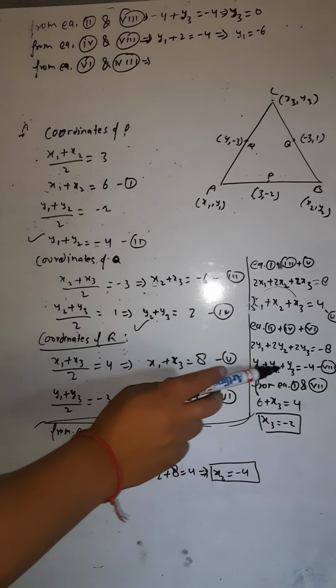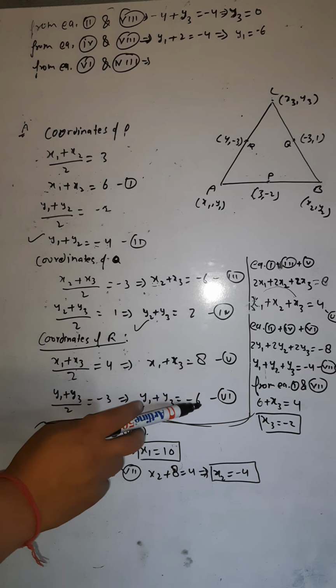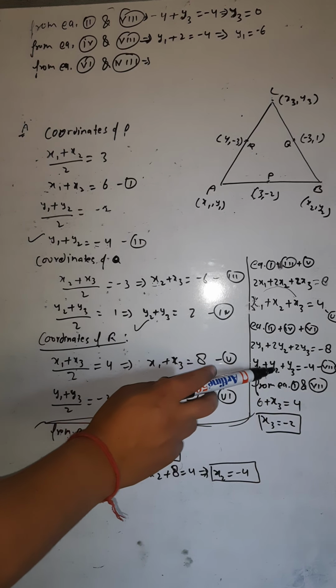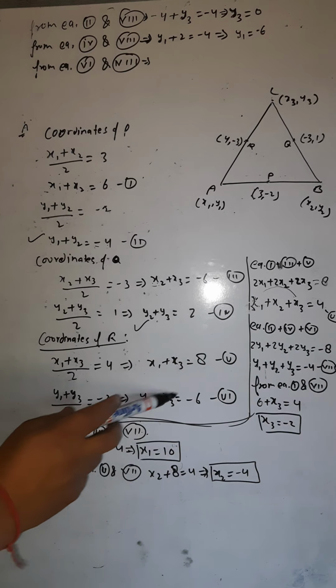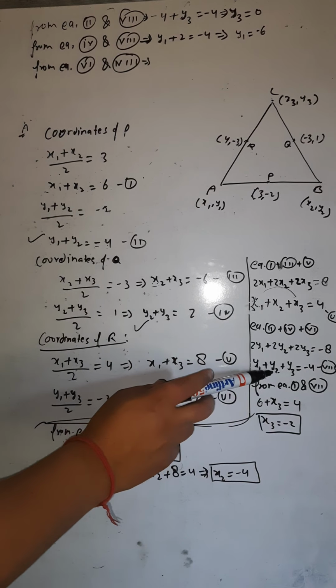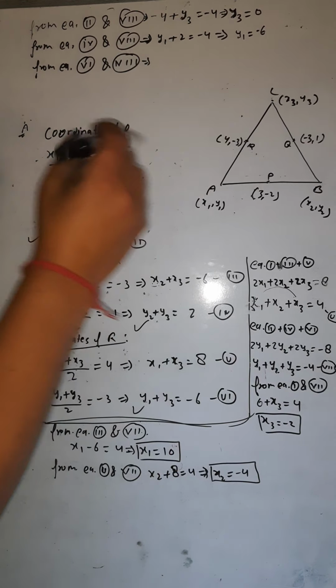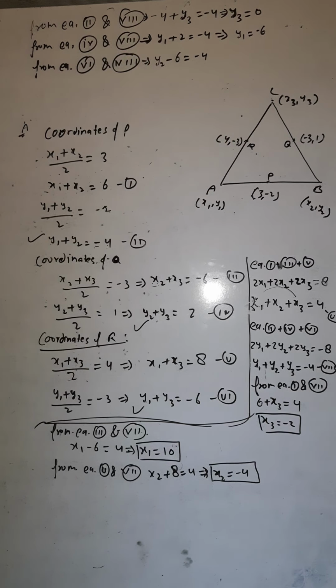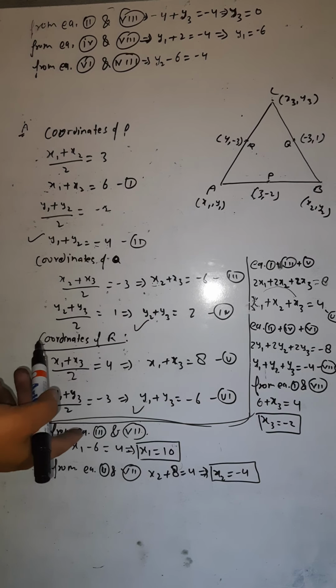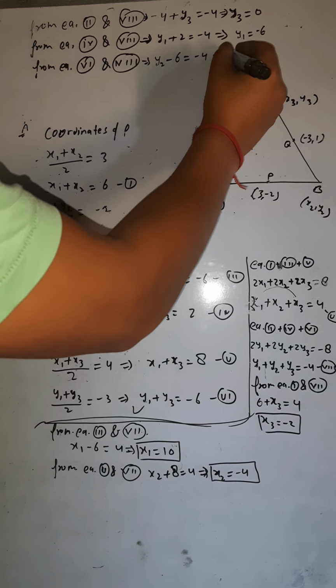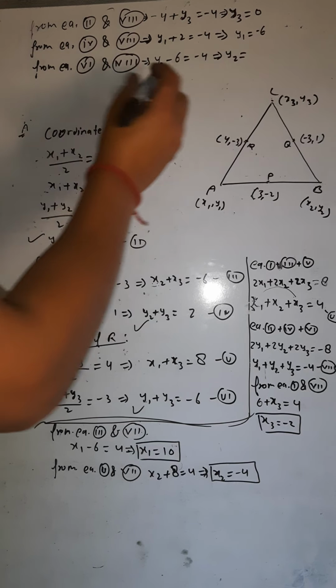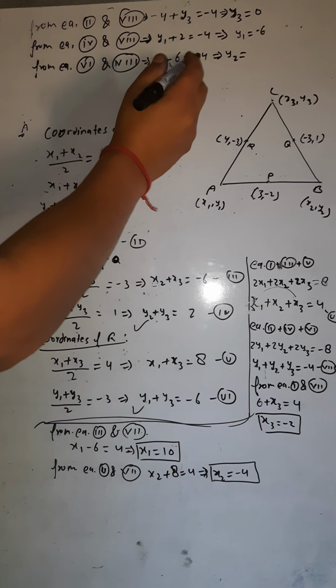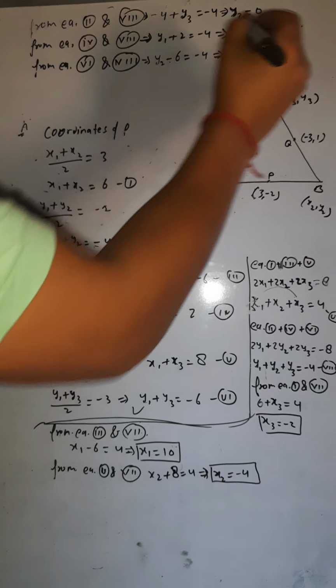So I can write this equation as y2 minus 6 is equal to minus 4. This minus 6 would go there and become plus 6. So the value of y2 is 6 minus 4, which is 2.